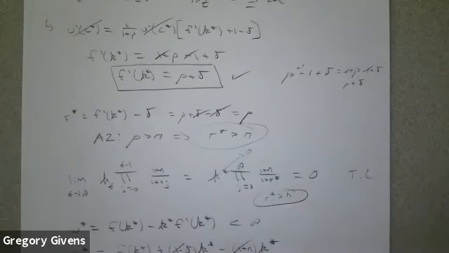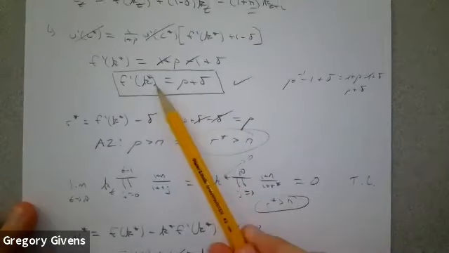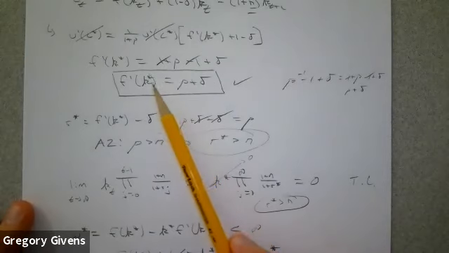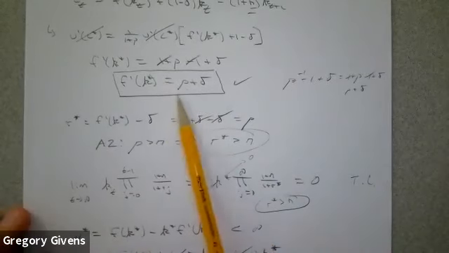How do I know there's only one finite value of k star that satisfies this equation right here?